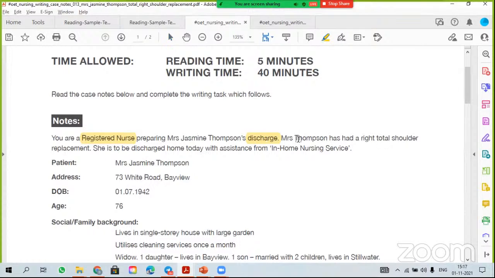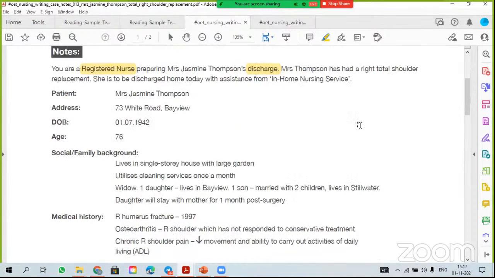Mrs. Thompson has a right total shoulder replacement. So this is a right shoulder replacement. So she had a right total shoulder replacement.